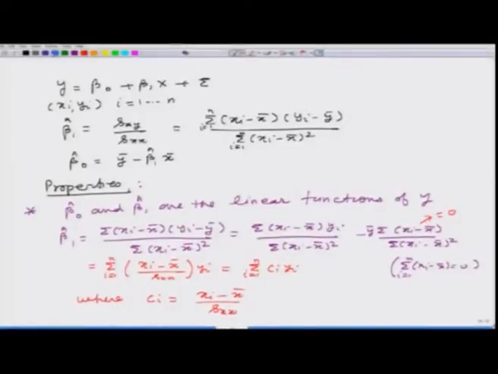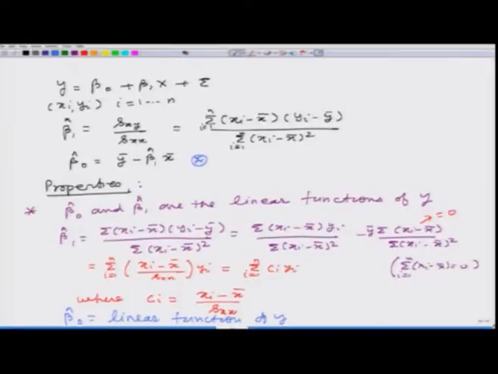Similarly, I can also show that beta 0 hat is also a linear function of y, which is not difficult to show. This can be shown directly from this equation.